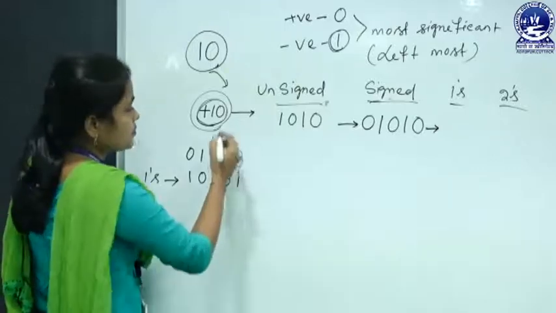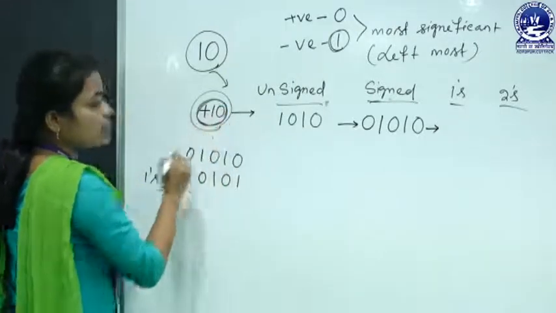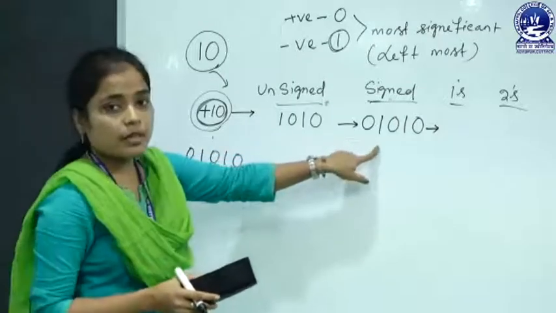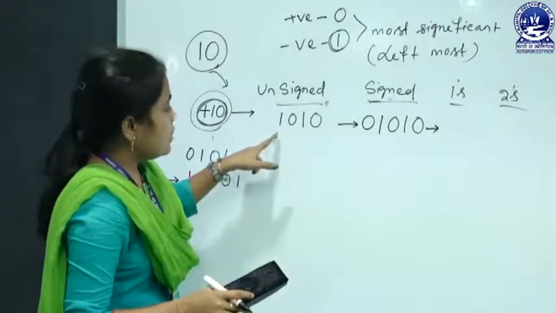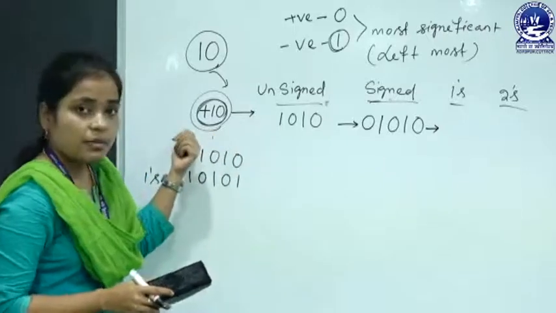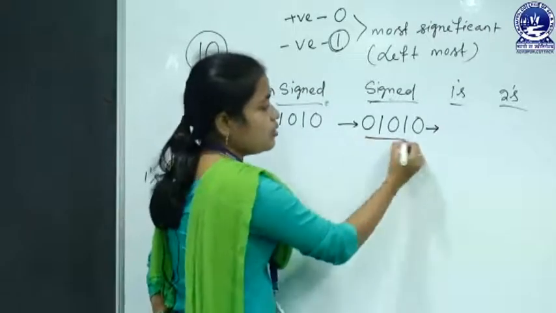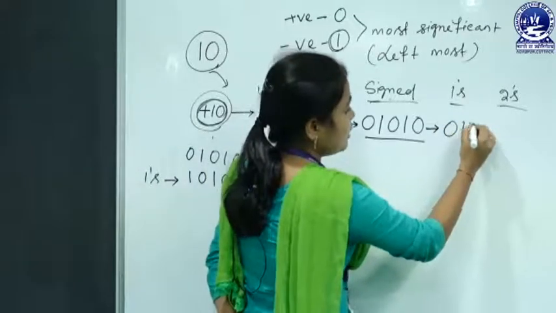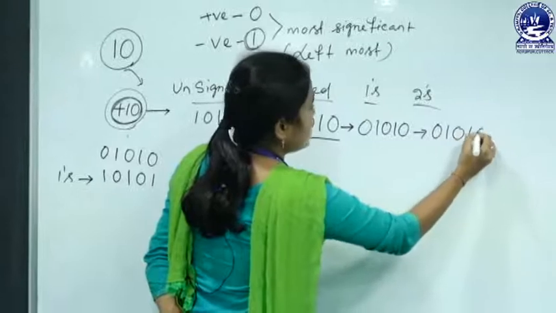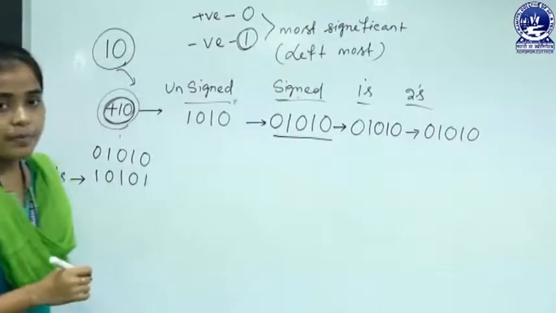But as it is a positive number, you cannot write its ones complement, because in every situation where we are using this positive number, the signed value, ones complement and twos complement representations are the same.